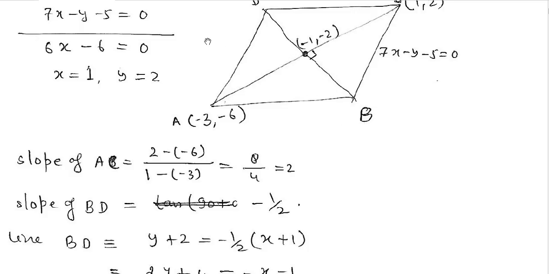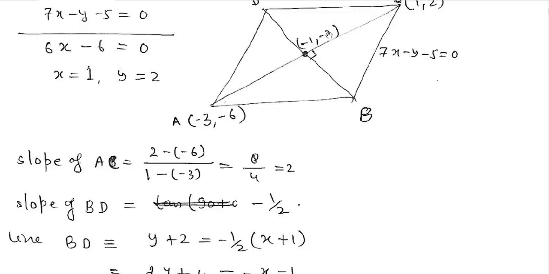Based on this, we have been given these two sides: one is 7x minus y minus 5 equal to 0, and we have another equation as well that is not written here. After solving these two equations, we get the point x equal to 1 and y equal to 2.